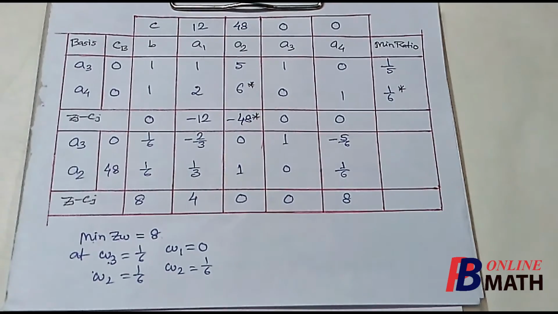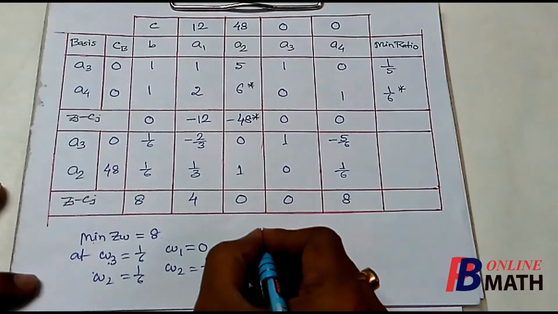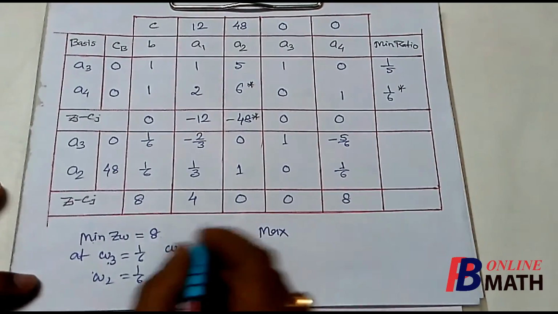But we need to find the solution of the primal problem. Actually, the solution of the primal problem can also be found from this table. Now since the dual problem has a finite optimal solution, the primal problem will have a finite optimal solution.